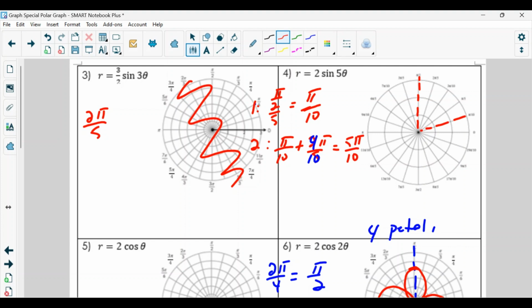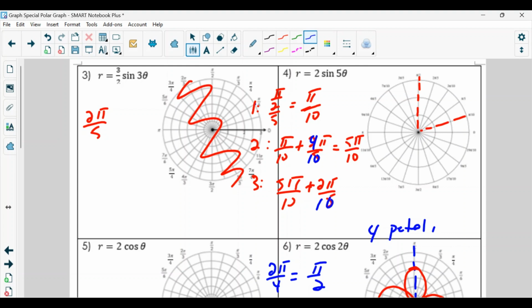My third one now, you can use pi over 2 or 5 pi over 10. It doesn't matter, you get the same answer. I'm going to add another 2 pi over 5. It's my third one.